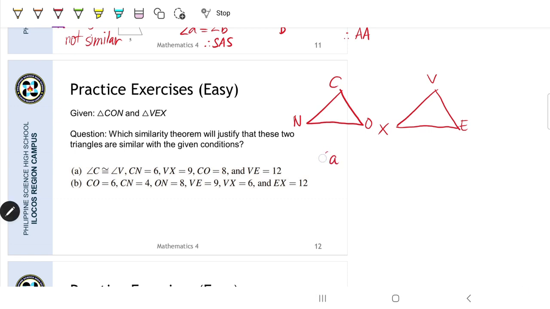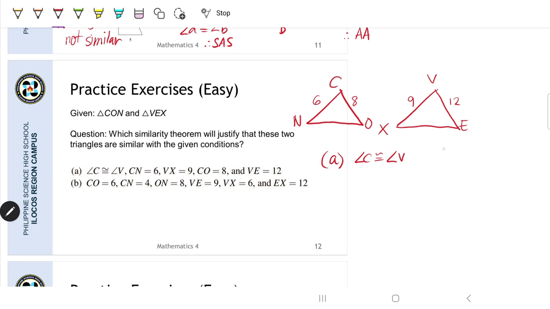For letter A, we are given angle C is congruent to angle V. And then we have CN, which is 6, VX, which is 9, CO, which is 8, and VE, which is 12. So kung talagang similar ang triangle CON at triangle VEX, dapat merong proportion ang kanilang corresponding sides.